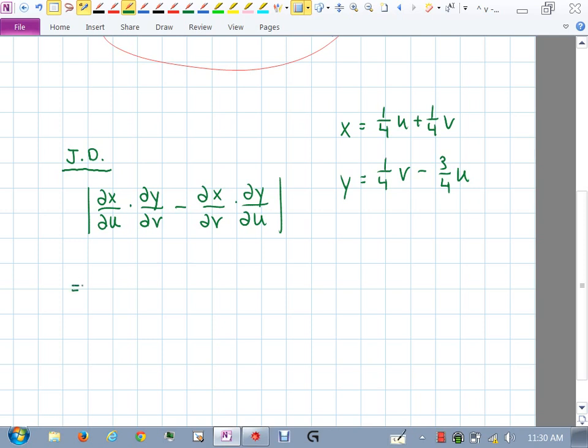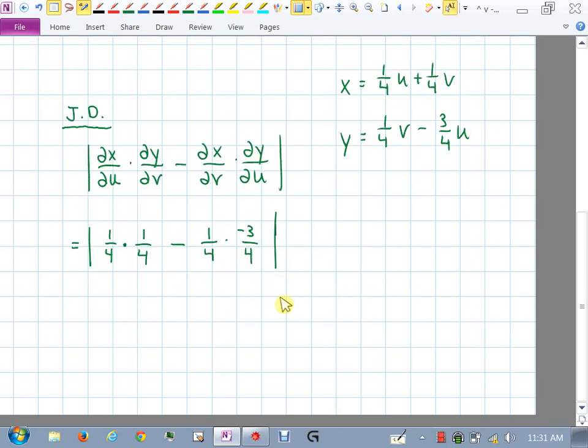So the partial of x with respect to u is 1/4, right? Times the partial of y with respect to v, which is 1/4 again. Then minus the partial of x with respect to v, 1/4, times the partial of y with respect to u, negative 3/4.